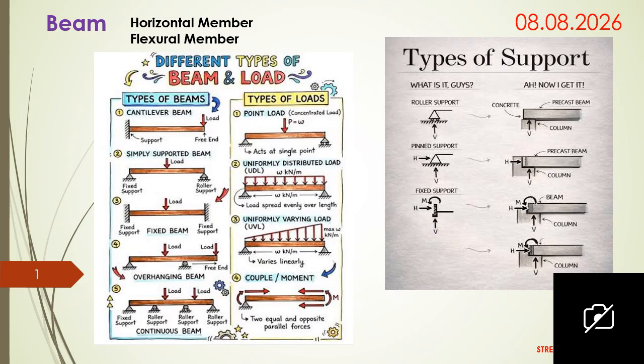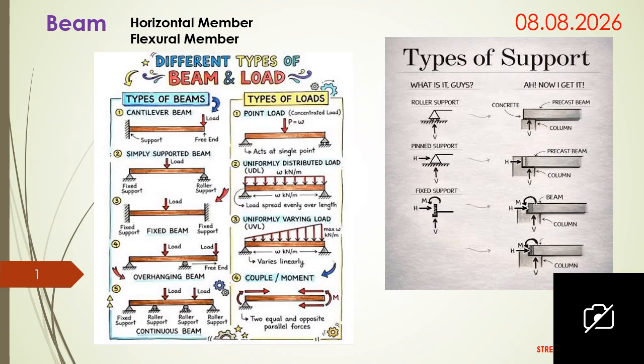The reaction given by the support is called support reaction. So action is external force, reaction is given by the support. For the equilibrium condition, both should be equal. If the external force and internal reactions are equal, then there will not be any collapse or damage. If the external force is increasing and the internal reaction is decreasing, that leads to collapse and failure of the structural member, right?